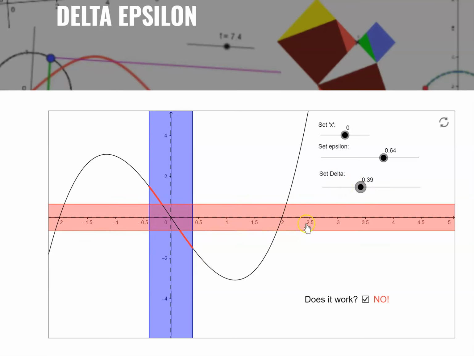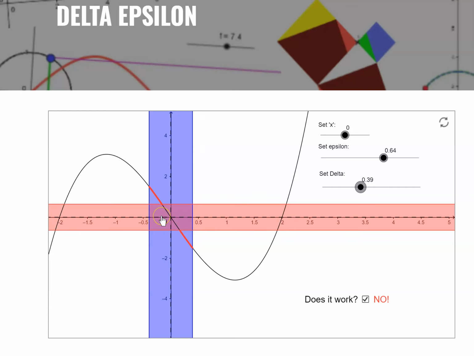For example, right now, this vertical region we have highlighted is from 0 minus 0.39 to 0 plus 0.39. However, we can see there are still segments of the curve highlighted in red because they lie without this region around 0 on the y-axis.